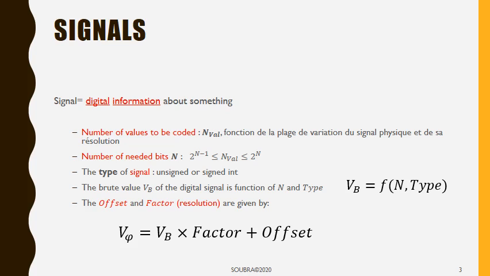So my raw value, where's my laser pointer? So my raw value that I got from the type and the number of bits, right? So it's a function of the type and the number of bits. I'm gonna multiply it by the resolution, of course, because if I have a resolution of 1, or a smaller resolution or a bigger resolution, the number of steps would change. And we've seen that in the IRF pin example, for instance.